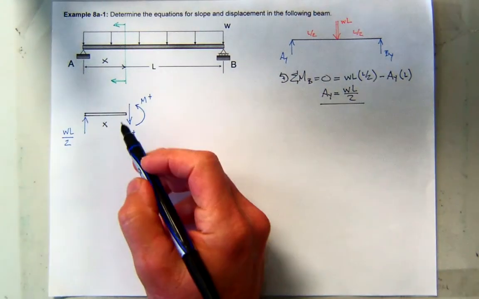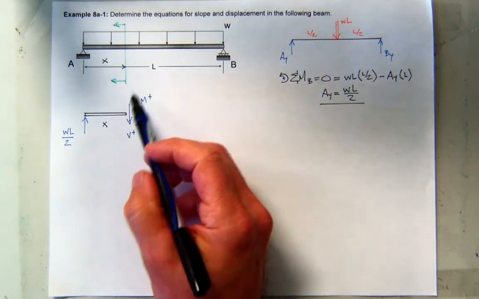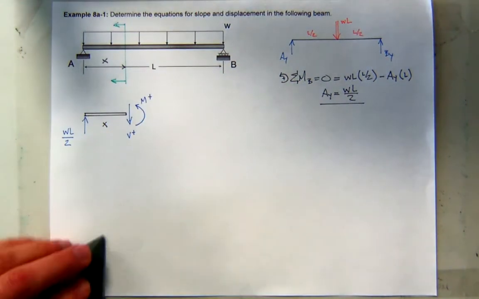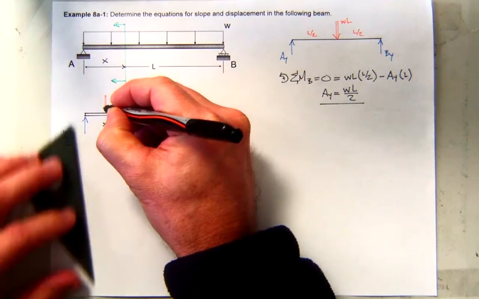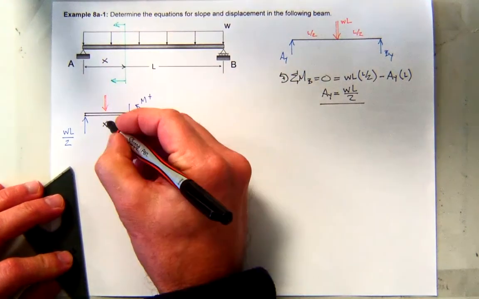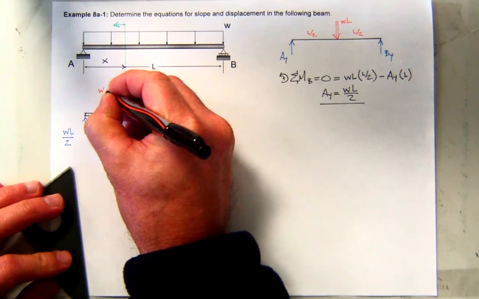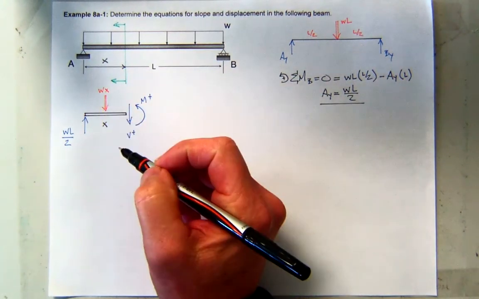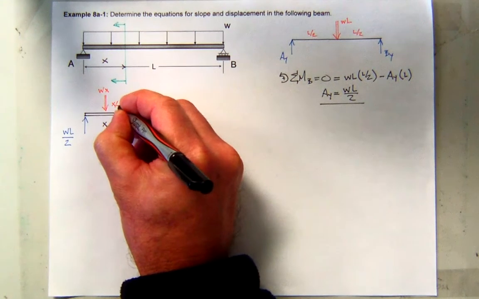Now, we don't really care about shear force. We're only really concerned about bending moment right now. And then this distributed force becomes what? Well, the area of that curve would be base times height. Base is x, height is w. So the force is going to be wx. And what's the distance from the cut to the centroid? Yeah, half the distance, or x over 2.